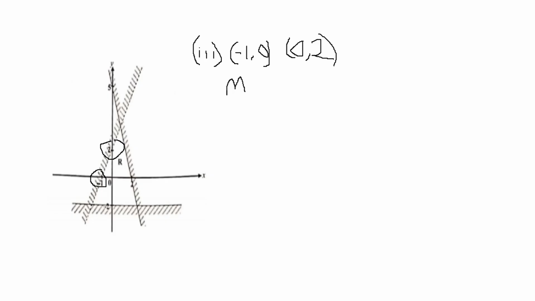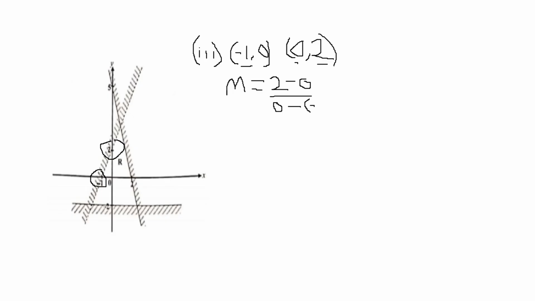So our gradient will be y2 minus y1. My y2 will be 2 here in the second point. So 2 minus y1, on the first coordinates there, it's 0, over x2 which will be 0, minus x1 here, which is negative 1.